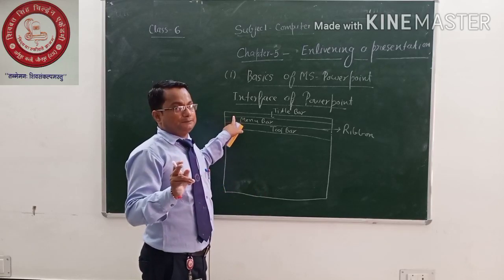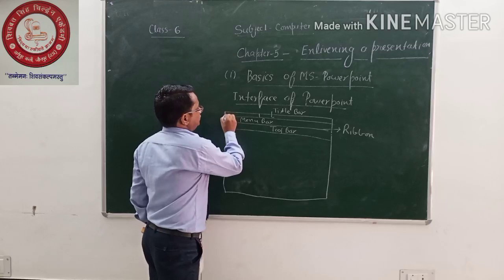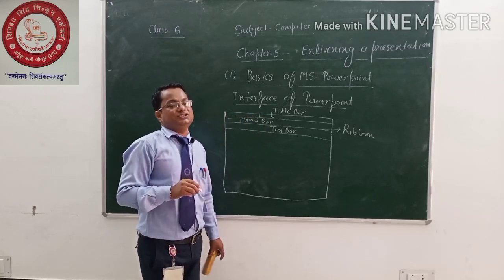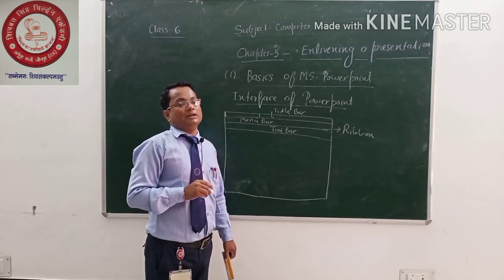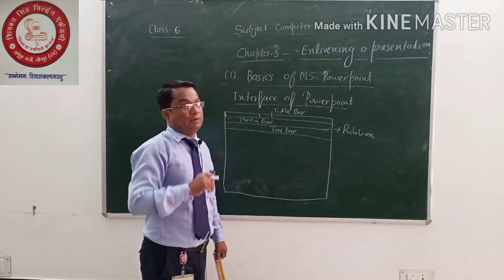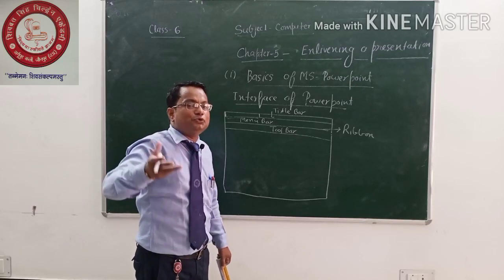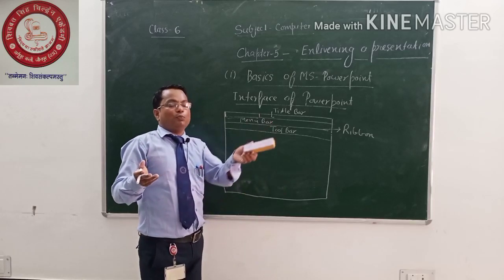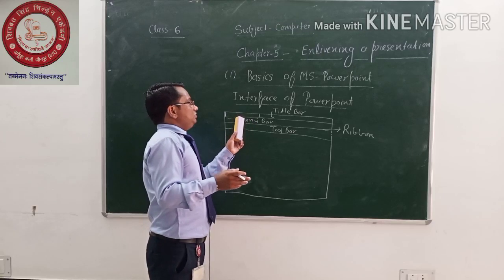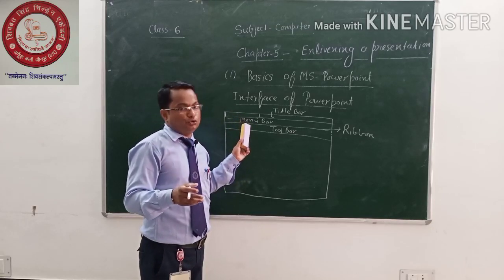Inside the title bar, on the left hand side, there is one more toolbar, a customized toolbar. You can say quick access toolbar. Whatever buttons are quickly used during PowerPoint usage can be placed here.